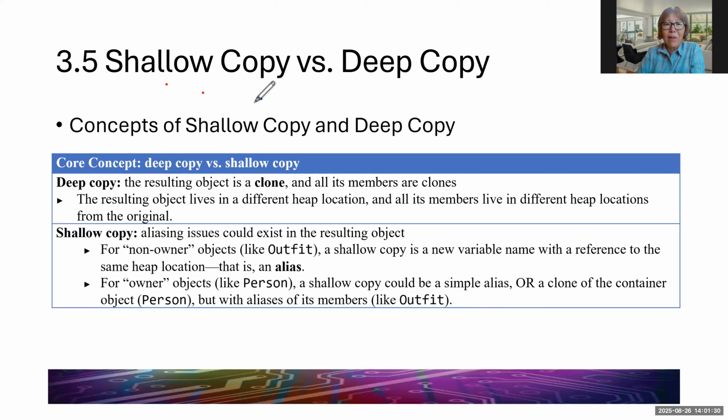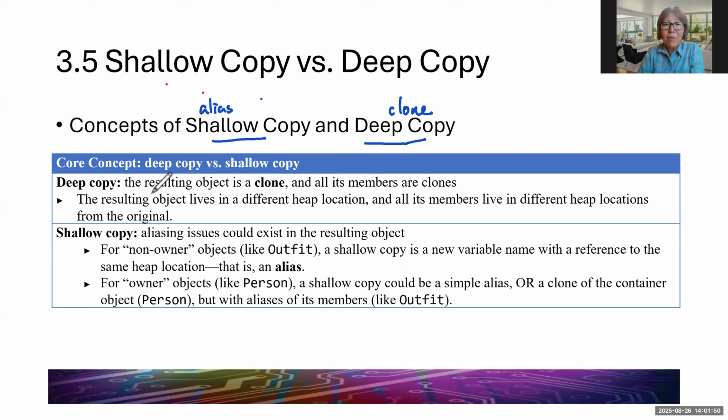Okay, and the next concept is about shallow copy and deep copy. Shallow copy, if you recall from chapter 2, we also discussed as aliasing. Deep copy is a clone.